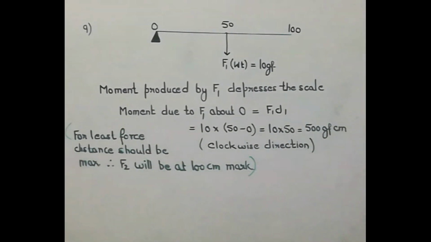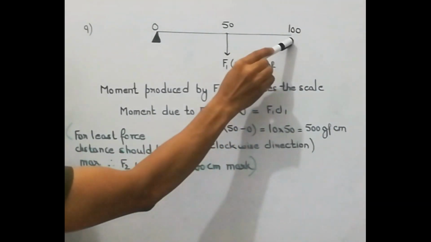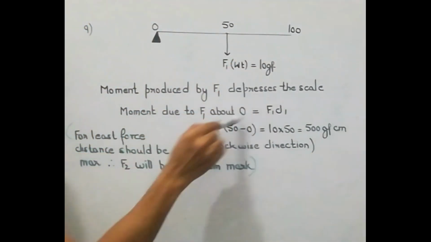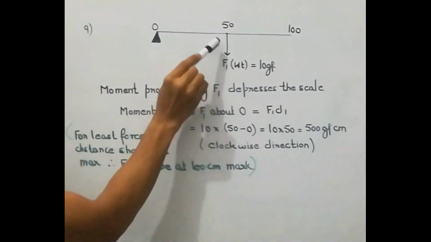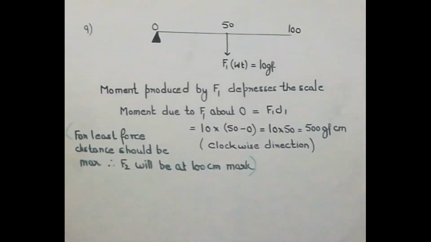But now let's talk about the direction of force. See here. Now if someone places the force in downward direction, then it will produce clockwise moment, and this force was already producing clockwise moment, so they won't balance each other.